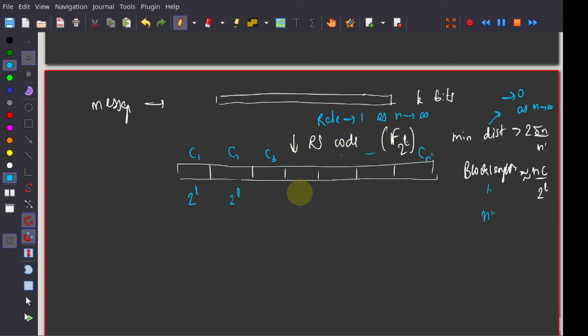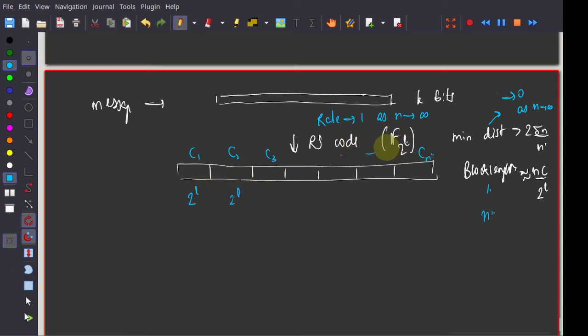The Reed-Solomon code word consists of n double prime symbols, and each symbol belongs to F_2 to the power L, because I've used the Reed-Solomon code over field size 2 to the power L. Correct? Okay, so far.